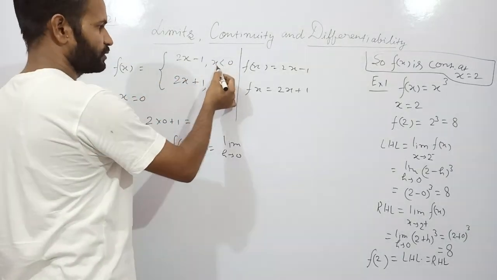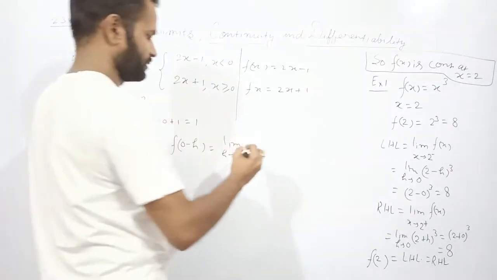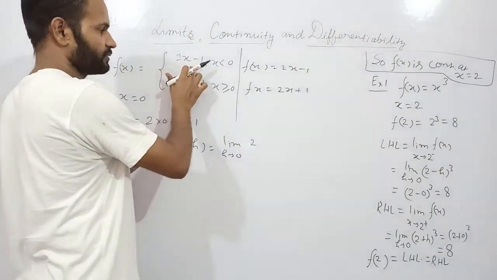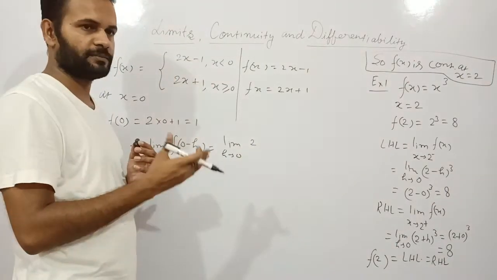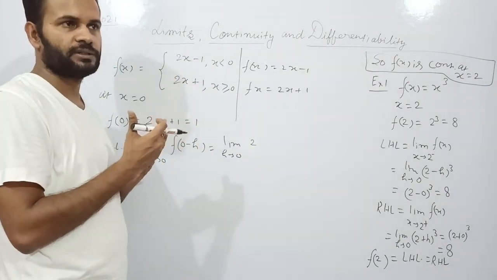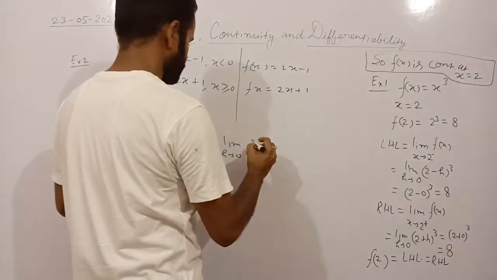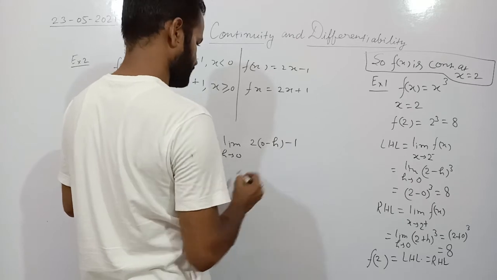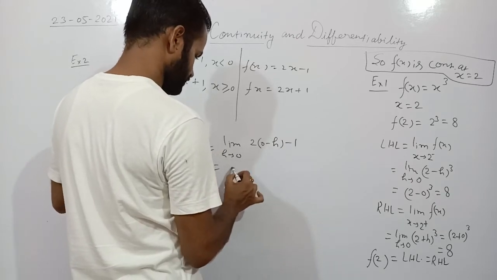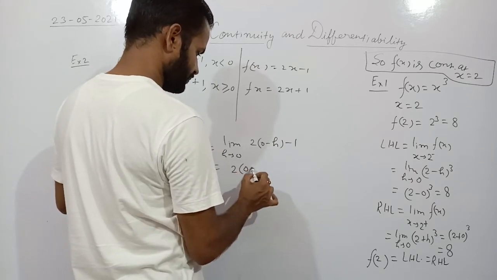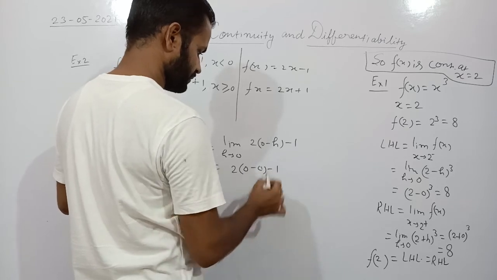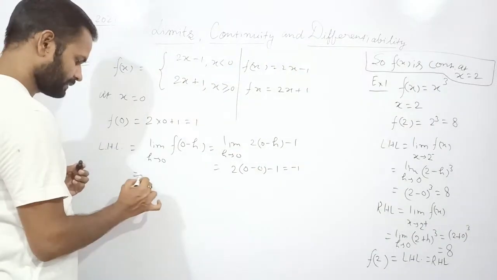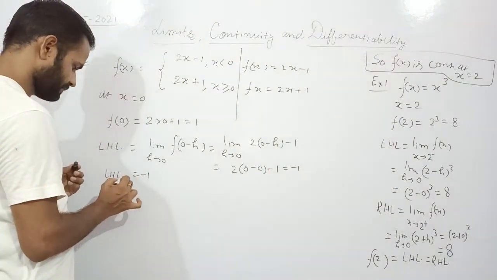So this is less than 0, so we apply this function. Our function has the expression 2x minus 1 for 0 minus h, on the left side of 0. So 2(0 minus h) minus 1. Now putting the value of h, 0 minus 1. So it is minus 1. So LHL is minus 1.